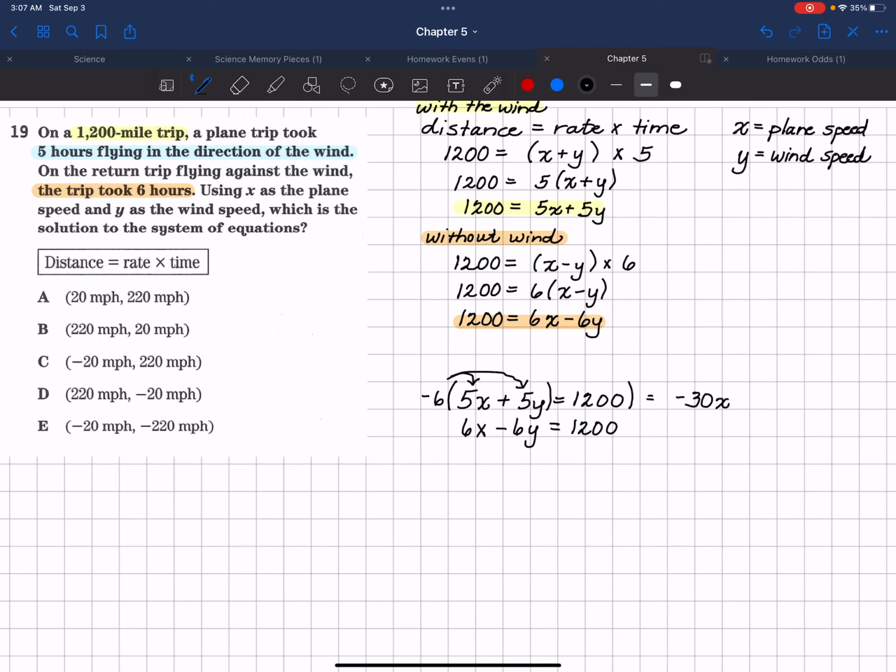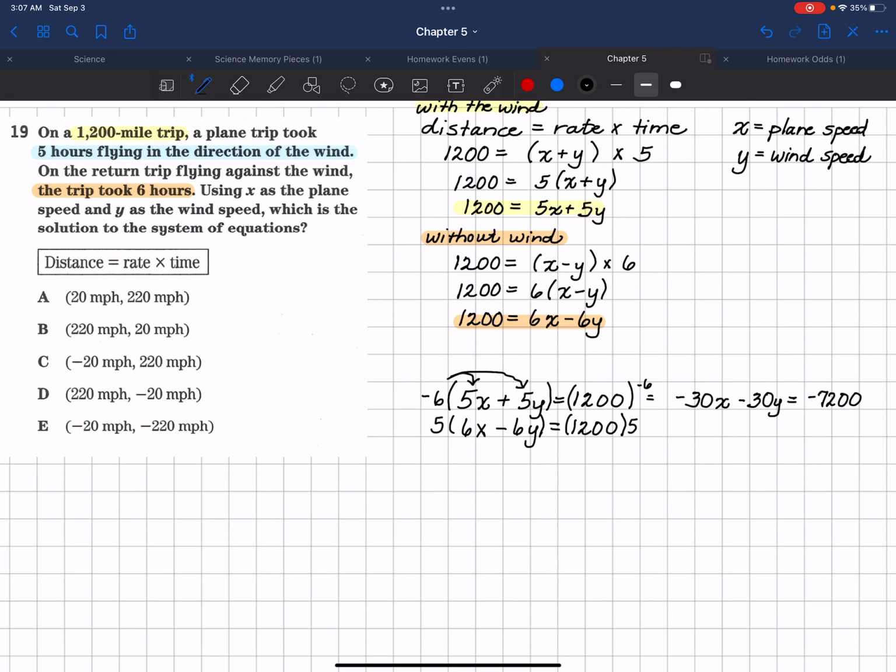Then -6 times 5 is -30, and that one's carrying a y. And then on the other side, we have to multiply to get -7,200. And then on this particular equation, I'm going to multiply it by 5.